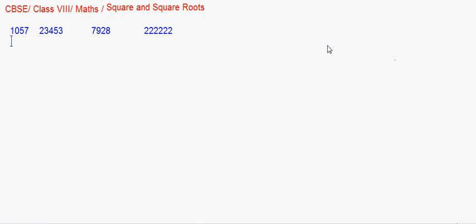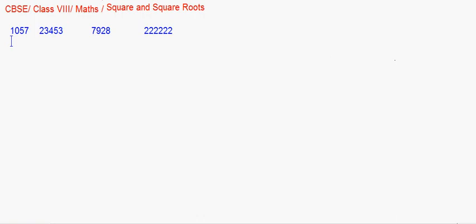These are not perfect squares. Why? With this introduction, we get to know that a natural number which ends in the digit 2, 3, 7, 8 is not a perfect square.